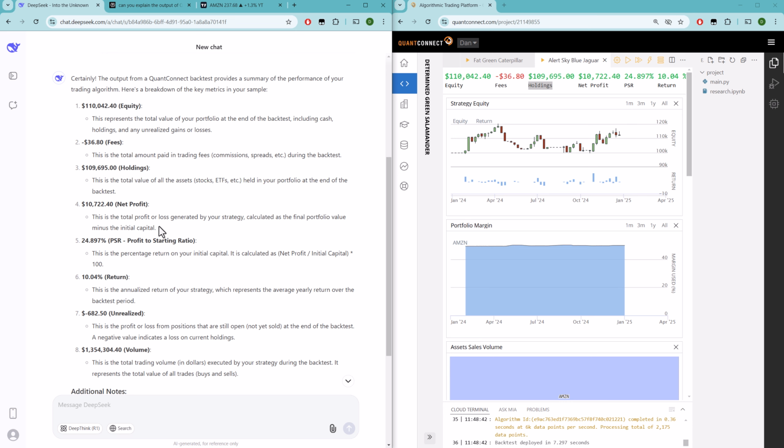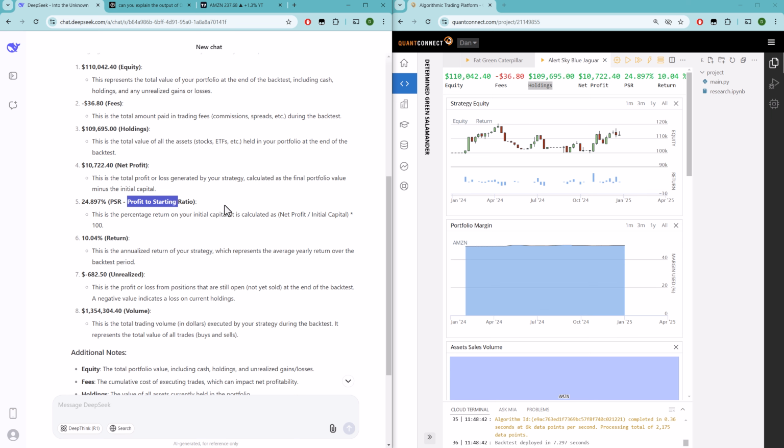Okay. Net profit. I think this is the most interesting one. I had a strategy. I had some initial capital, hypothetical capital of course, 100,000, and now I earned 10,000 out of it. Okay. Profit to starting ratio, PSR, percentage return on initial capital.